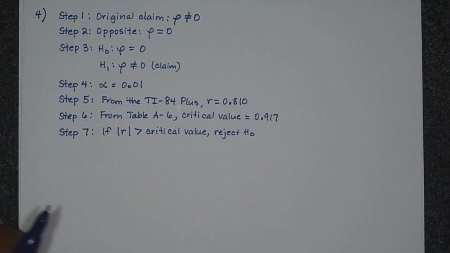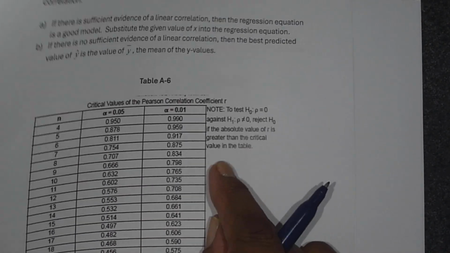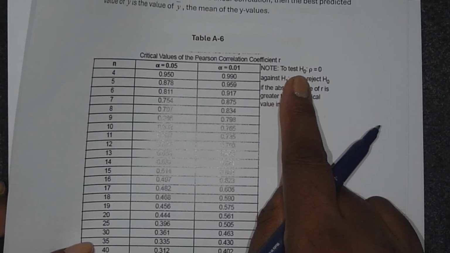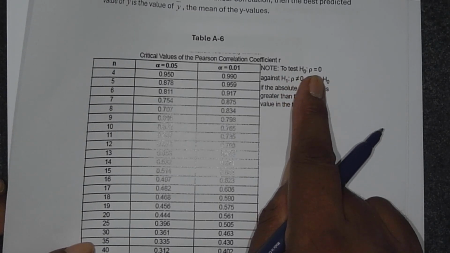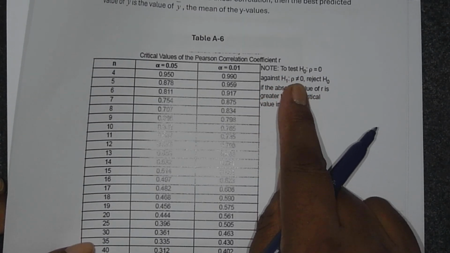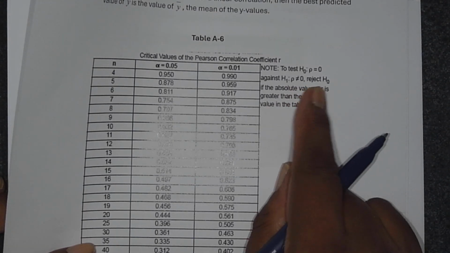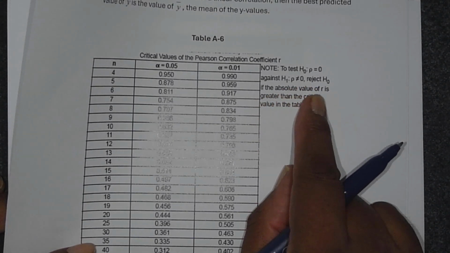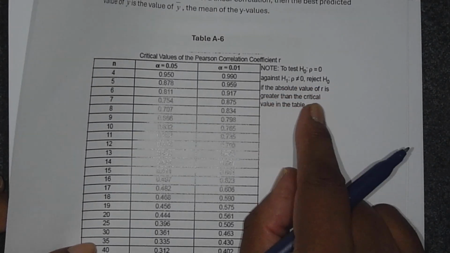And that decision rule will be on here, because it says right here, to test H0, which is rho is equal to 0, against H1, which is rho not equal to 0, reject the null hypothesis if the absolute value of R is greater than the critical value in the table.